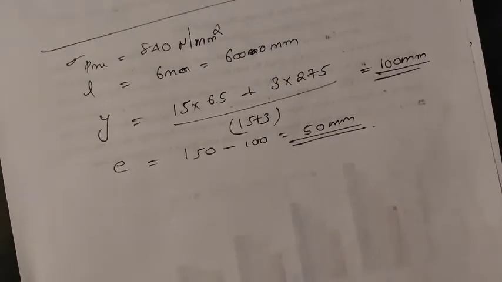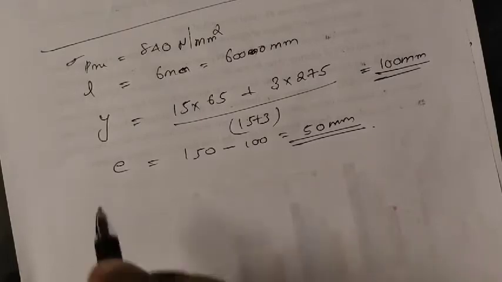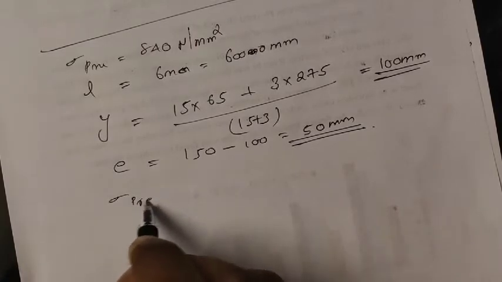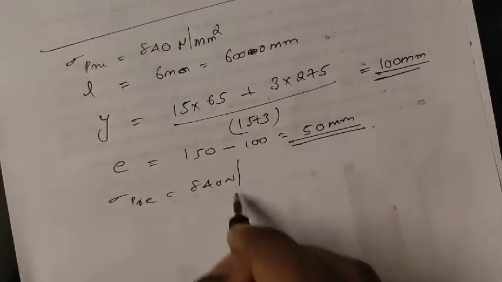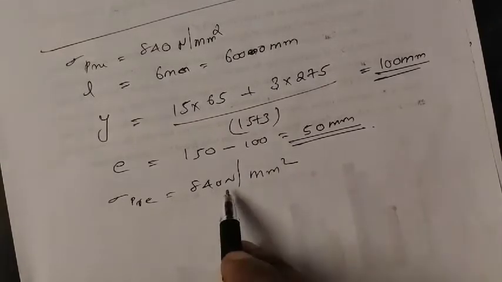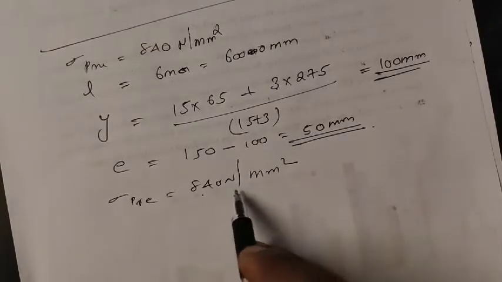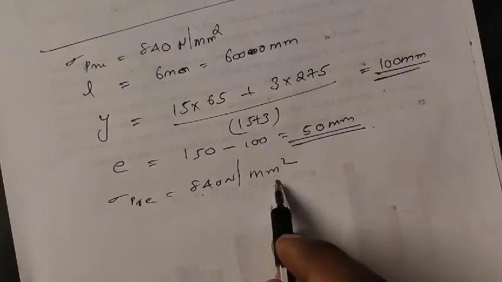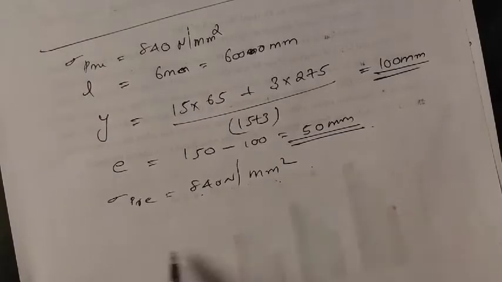The next thing is the pre-stressing force. How much pre-stressing force will act there? We know the pre-stressing stress is equal to 840 Newton per mm square. So we are converting this to force. This is in Newton per mm square, so we multiply with area, in mm square.